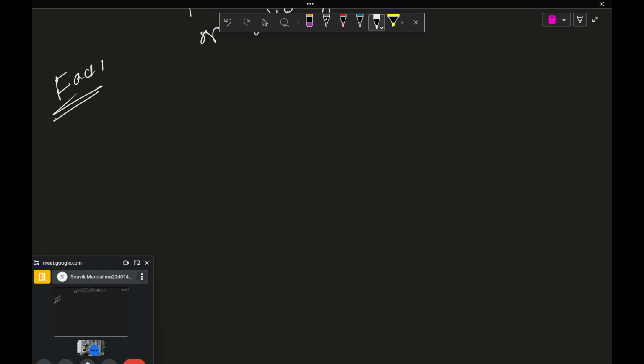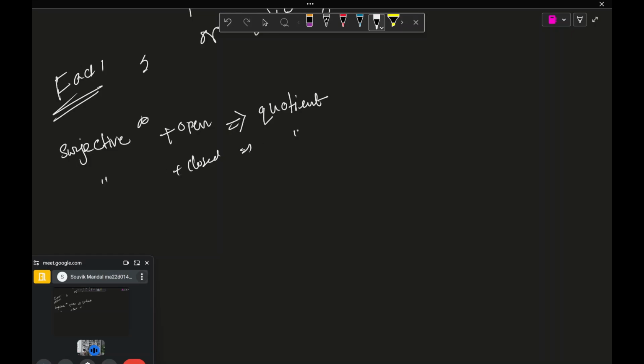So surjective open map is a quotient map, and surjective closed map is a quotient map.